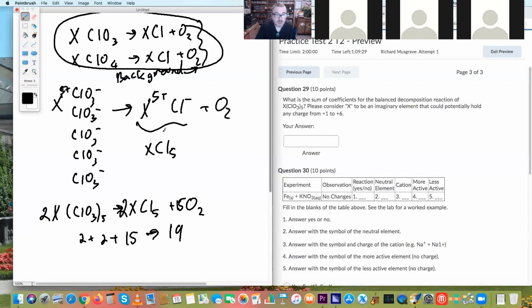That would mean we need 5 Cls to match the 5+. And then we have to balance the reaction. The reason I knew this was 15 and this was 2: 15 times 2 is 30. That's going to be my common amount here. So I put a 2 in front of here to give 30 oxygens, and 15 times 2, that's 30.